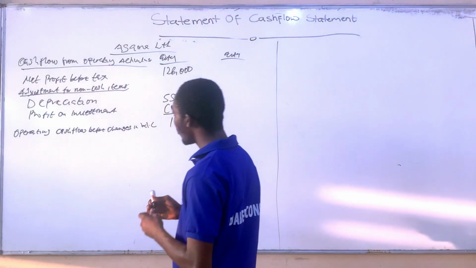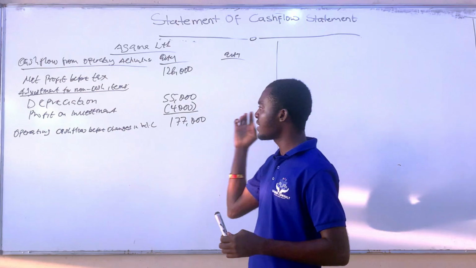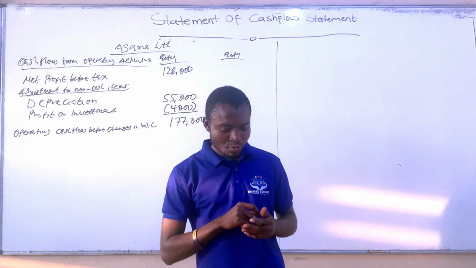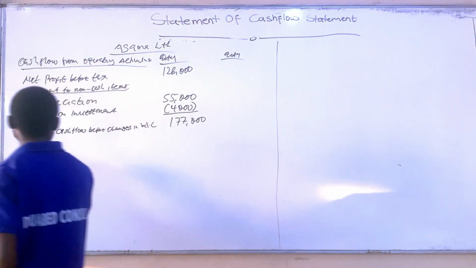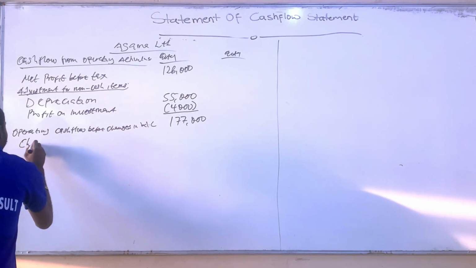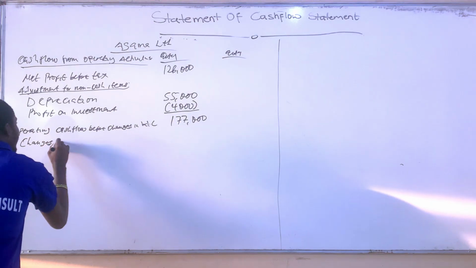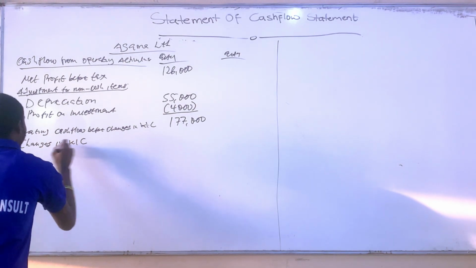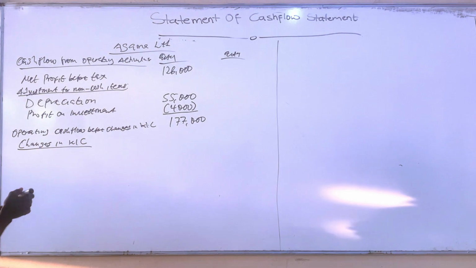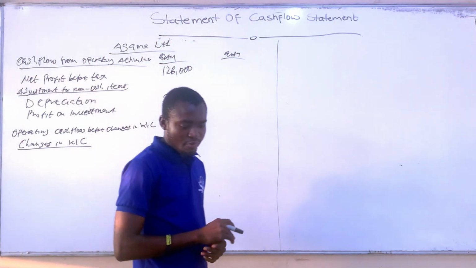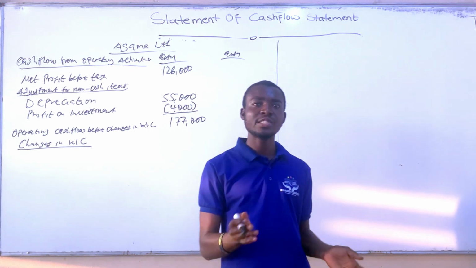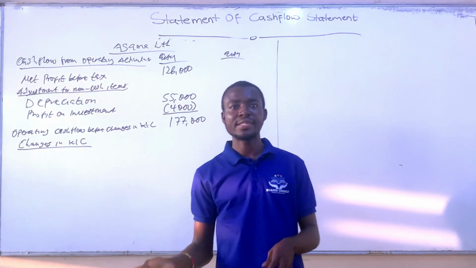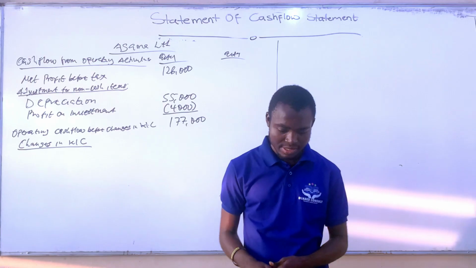So after getting your operating cash flow before changes in working capital, you proceed with changes in working capital. For changes in working capital, we analyze whether there is an increment or decrement in our current assets and then our current liabilities.